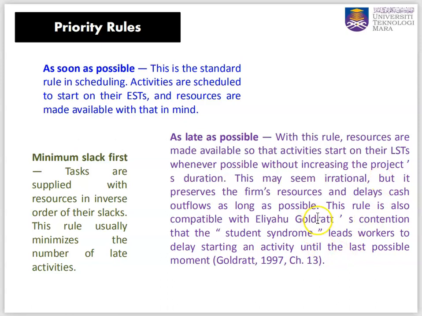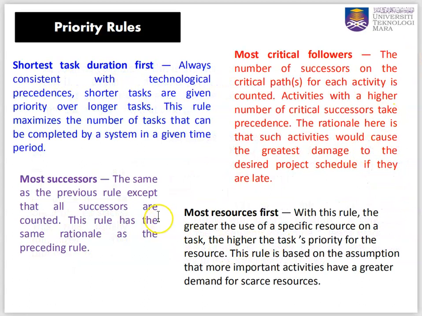This may seem irrational, but it preserves the firm's resources and delays cash outflows as long as possible. Other rules are shortest task duration first, or most successors, most critical followers, most resources first.